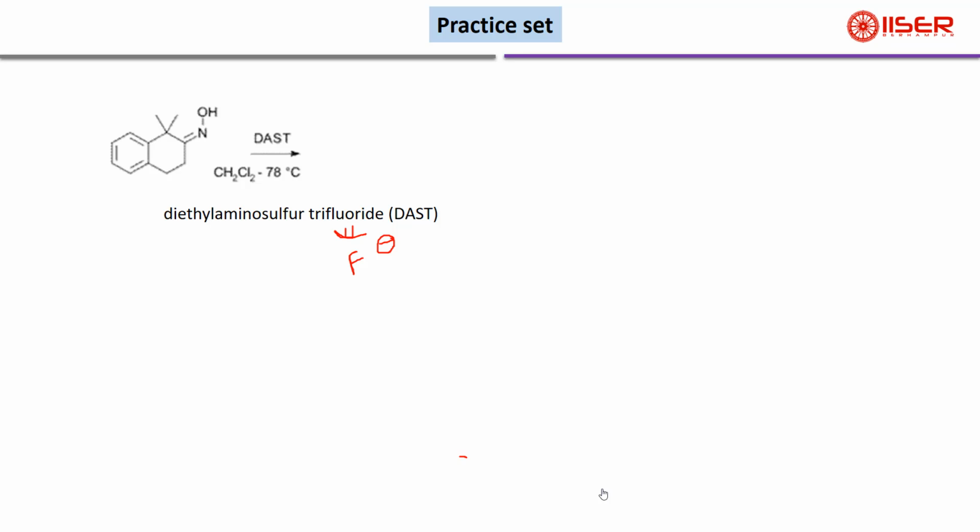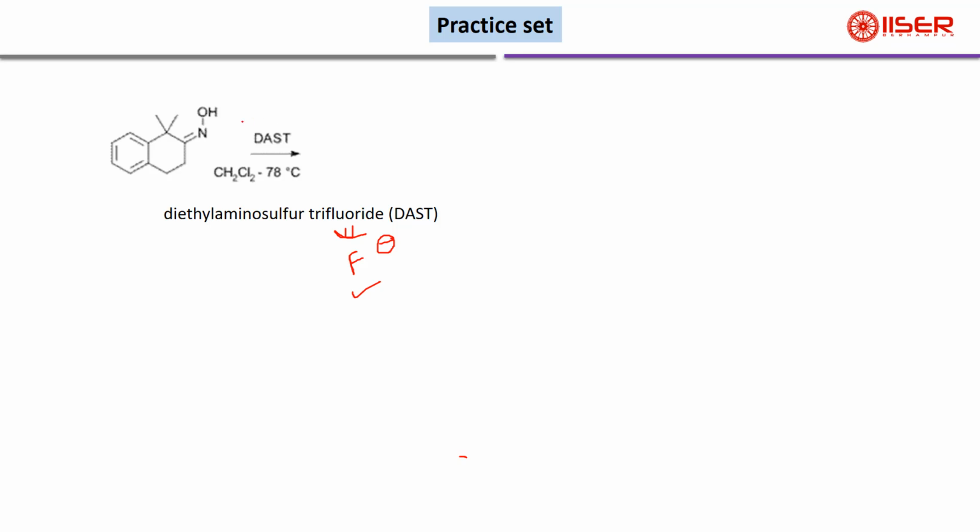It is a very sensitive reaction because it provides a highly active nucleophilic F minus source, which will attack. You have to store it at a very cold temperature, and the reaction is also run at a very low temperature because the nucleophile is too reactive.